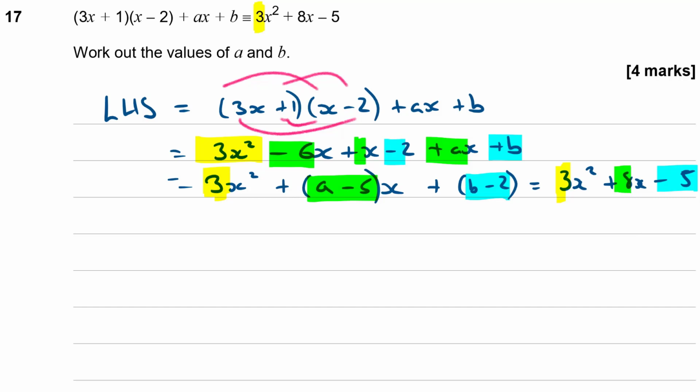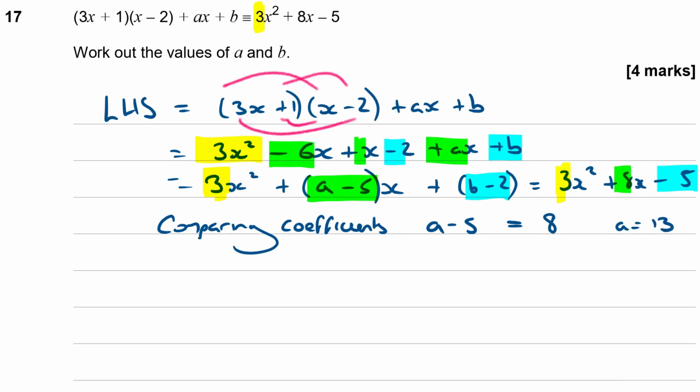I can say my 3's are equal to my 3. So comparing coefficients, I know that a minus 5, my coefficient of x, must be equal to 8, which means that a must be equal to 13.